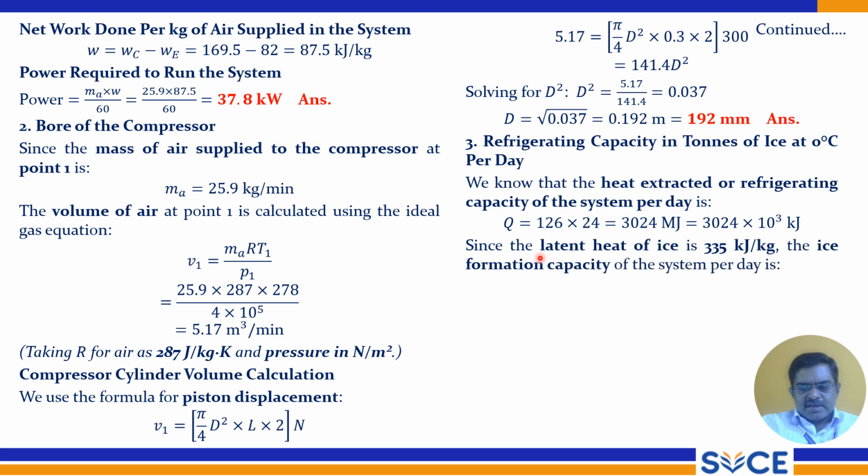Since the latent heat of ice is 335 kilojoules per kg, the ice formation capacity of the system per day is 3024 into 10 to the power of 3 divided by 335, and this is 9 tons, or 9000 kgs. So this is the final refrigerating capacity in terms of tons. So there ends this problem, students.